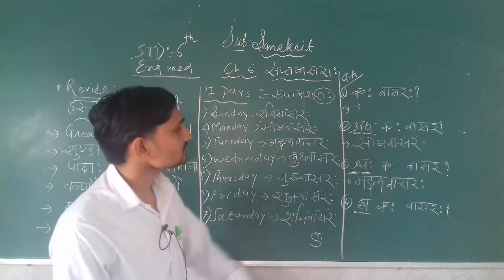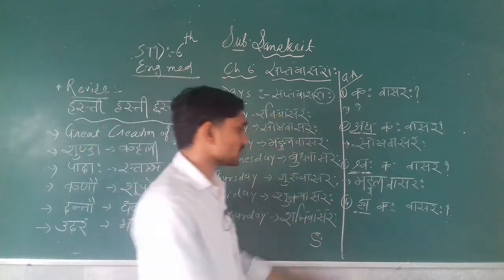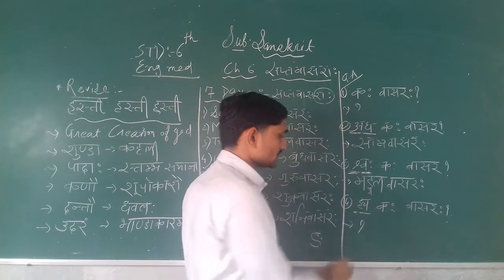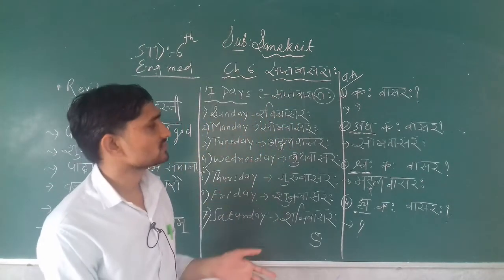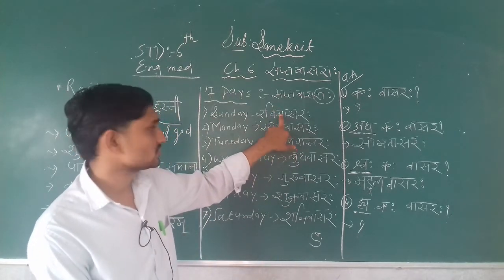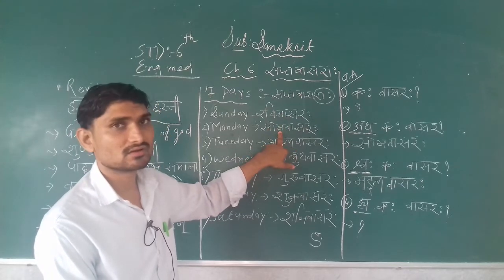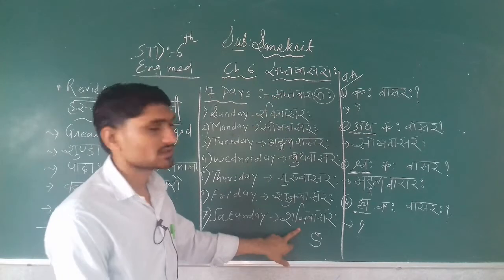See, adya Somvar, yesterday which day? Yesterday Ravivasara. So here which answer do we have to write? Ravivasara. Okay, so students, this way we can solve. If someone asks adya kah Vasara, adya Ravivasara, shwah kah Vasara, shwah Somavasara. Okay, here hyah kah Vasara, hyah means yesterday, here Shanivasara.